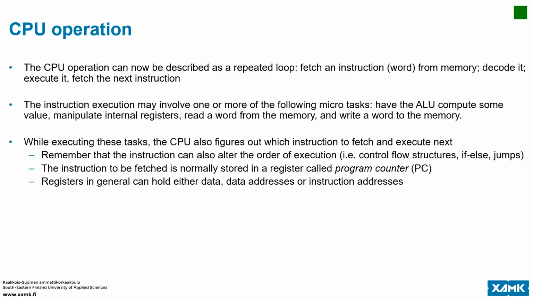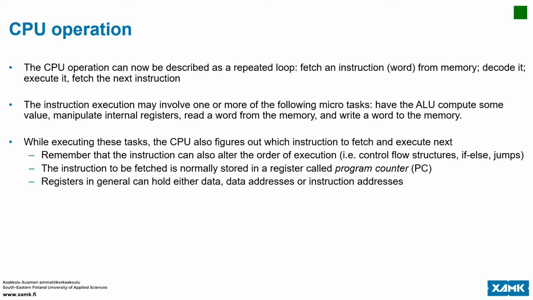As for transferring the instructions or program code from the memory to the CPU, well, this can be described as a repeated loop. The CPU fetches an instruction of exactly one word in length from the memory.